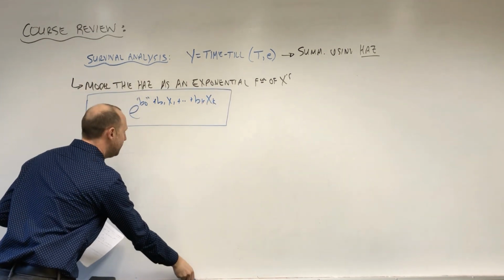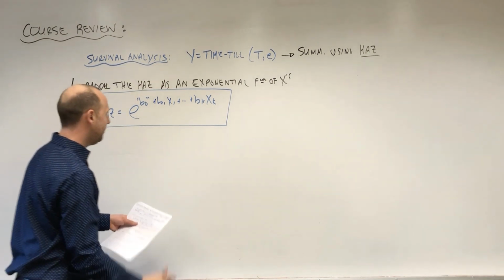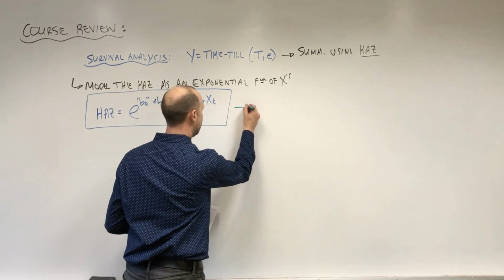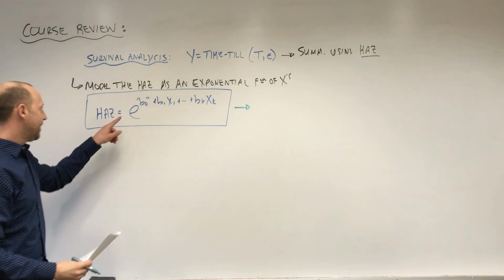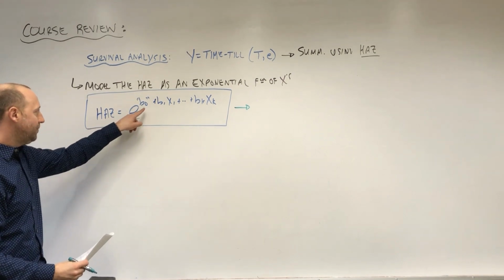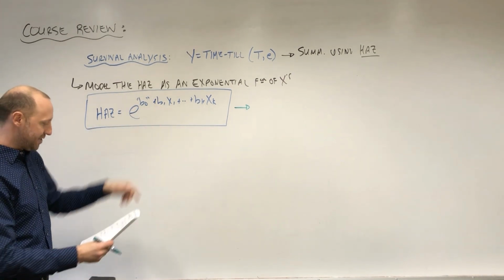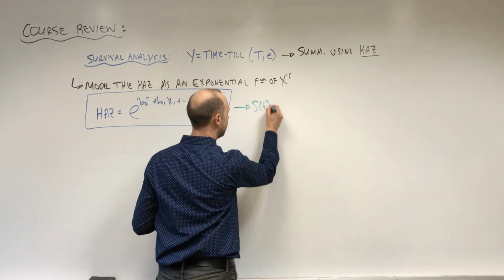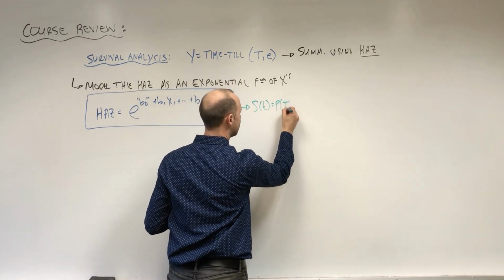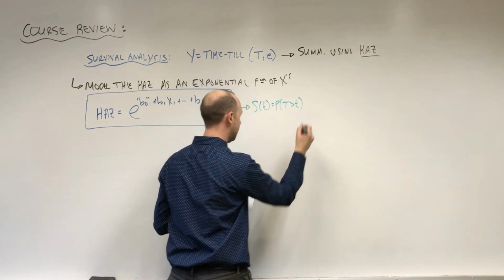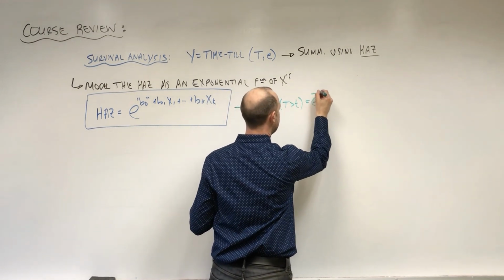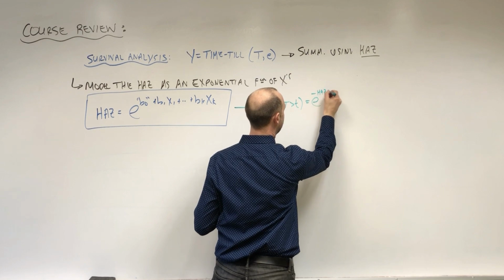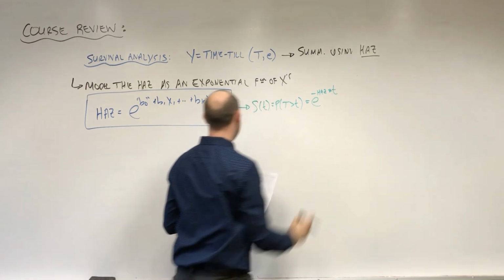And then just a reminder here that the way we can use this is we fit a regression model that estimates the hazard as a function of the x's, and then the survival function, S(t), the probability that the survival time is greater than little t, is e to the negative hazard times t.